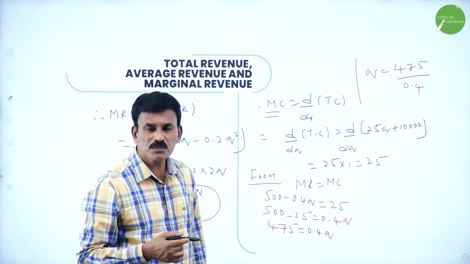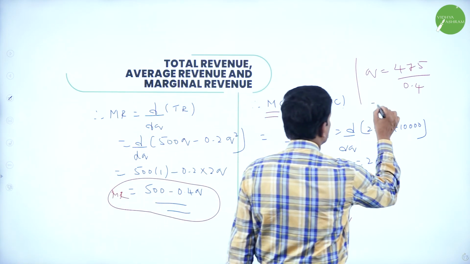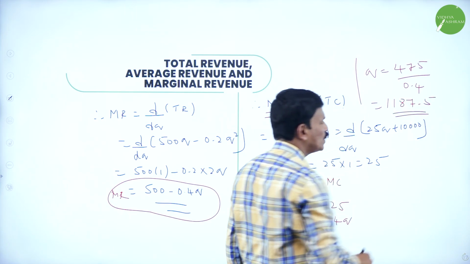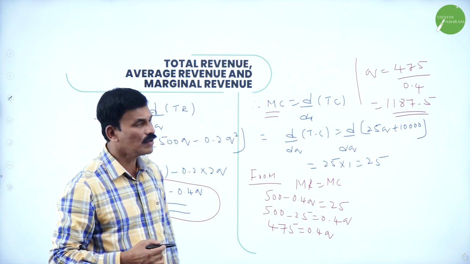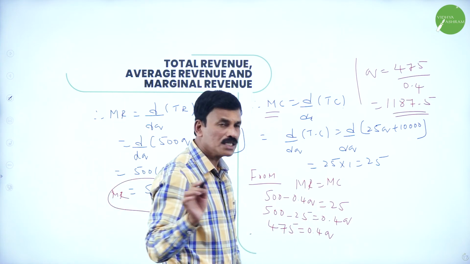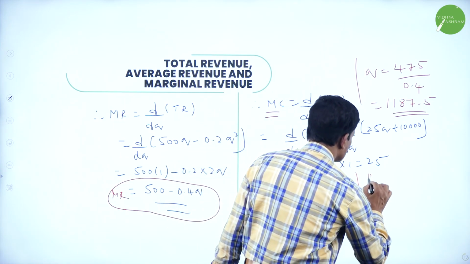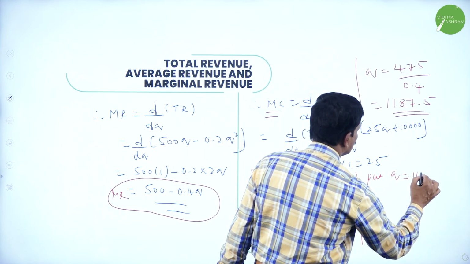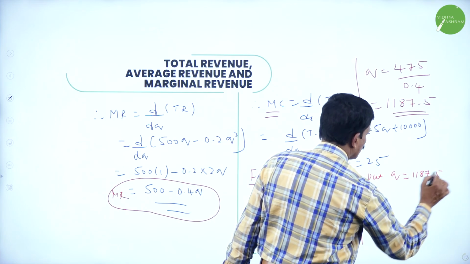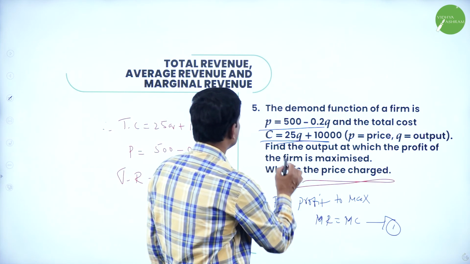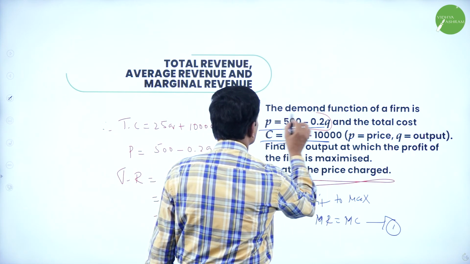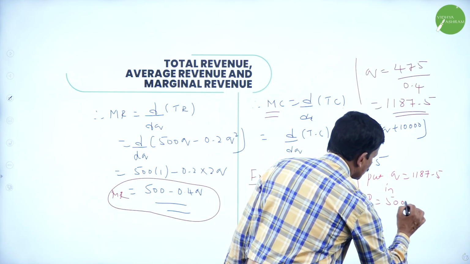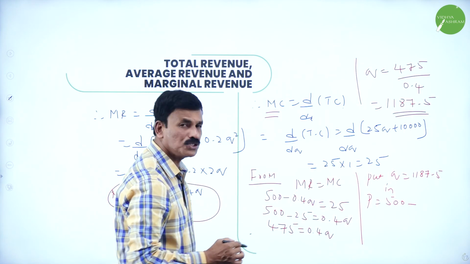Now, if you divide this by 0.4, you will get 1187.5. That's all. 1187.5 is the value of Q. Now, just put the value of Q, Q is equal to 1187.5, in this equation, that is P is equal to 500 minus 0.2Q.